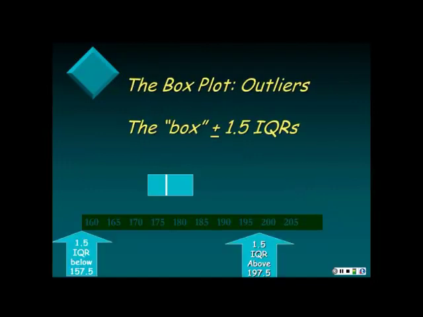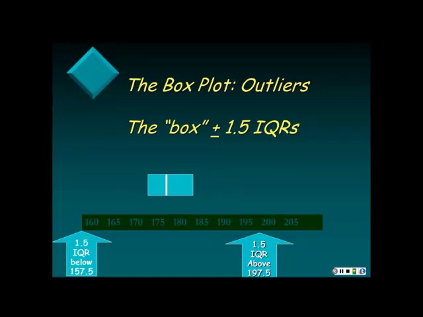Now I'm going to show you how to use the box plot to identify outliers and extreme values. An outlier will be defined as a value that is more than 1.5 interquartile ranges from the box. Interquartile range is just the difference between Q3 and Q1. We'll get to that in a minute here.